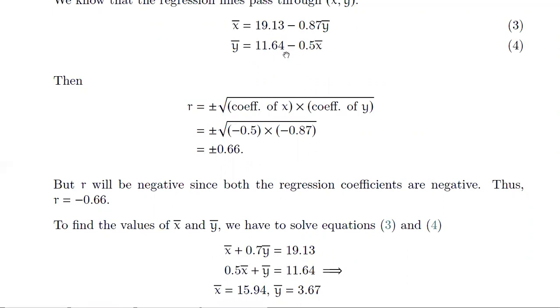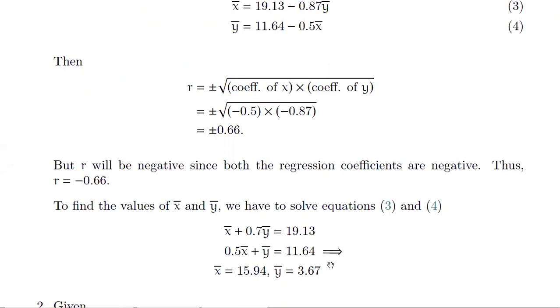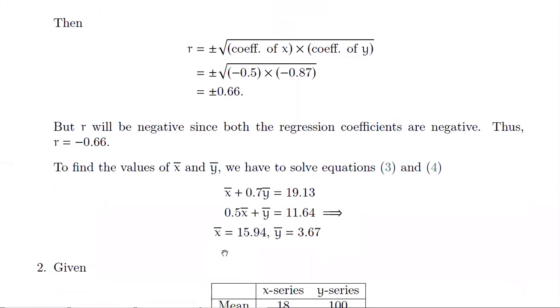And rewrite the second equation. So we get 0.5 x bar plus y bar equal to 11.64. So solve these two equations. And on solving, we get the mean of x, that is x bar, as 15.94, and mean of y, which is y bar, equal to 3.67.